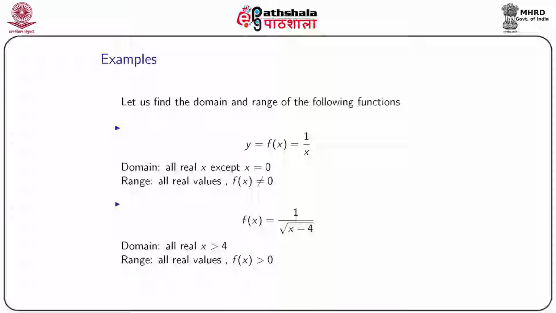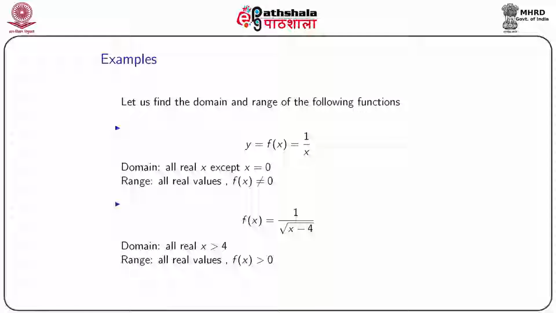So y, that means f(x) cannot be 0. Now if we consider another example where f(x) is 1 over square root of x minus 4. Now we know that to define a square root, the quantity must be non-negative because I am talking about real valued functions.